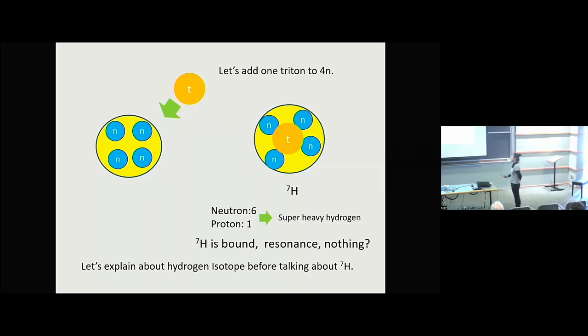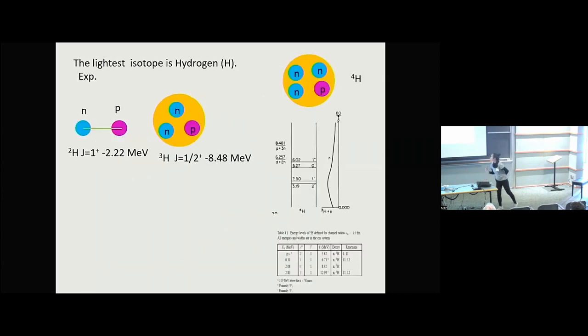Now let's explain the hydrogen isotopes before talking about hydrogen 7. Maybe everyone knows that the lightest isotope is just hydrogen. This is experimental data. The deuteron is the lightest bound nucleus, with a binding energy of minus 2.22 MeV with respect to the neutron-proton breakup threshold.